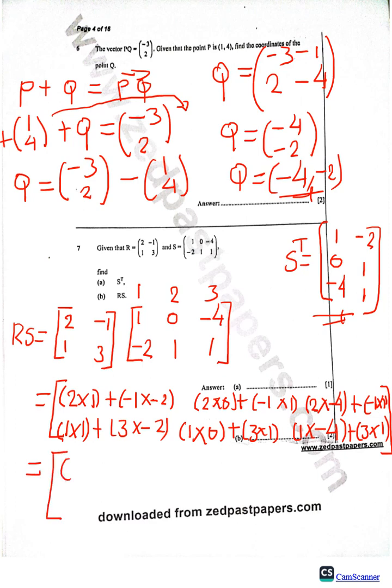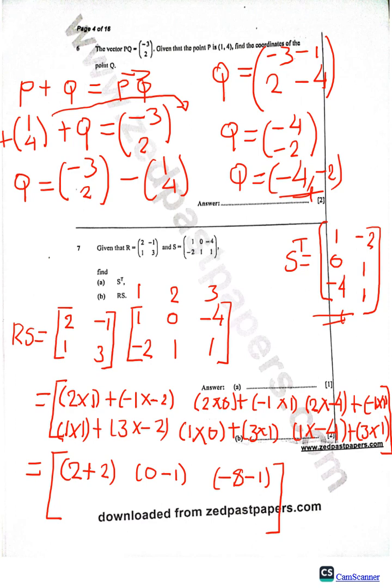So 2 times 1 is 2. Negative 1 times negative 2 is positive 2. Then 2 times 0 is 0. Negative 1 times 1 is negative 1. Then 2 times negative 4 is negative 8, plus negative 1 times positive 1 is negative 1.